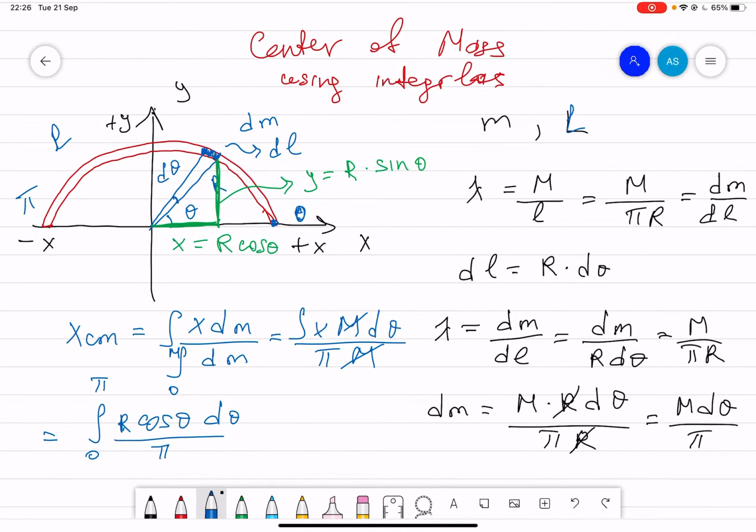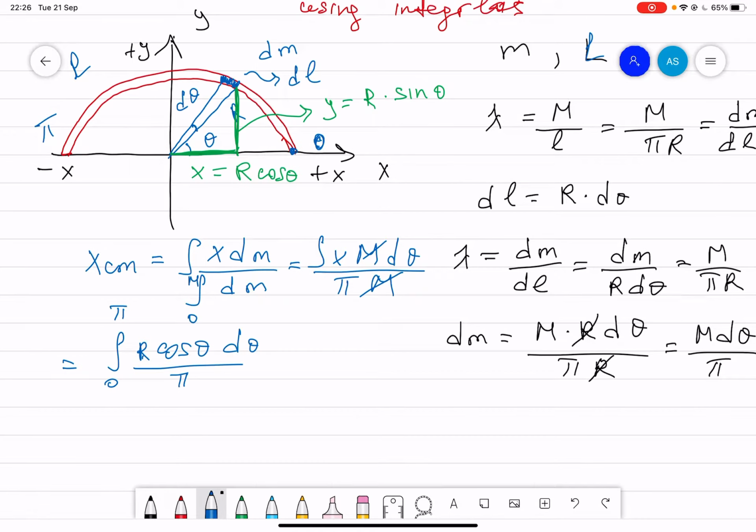Now what will the center of mass be for y? The y center of mass is equal to the integral of y dm divided by the integral of dm.